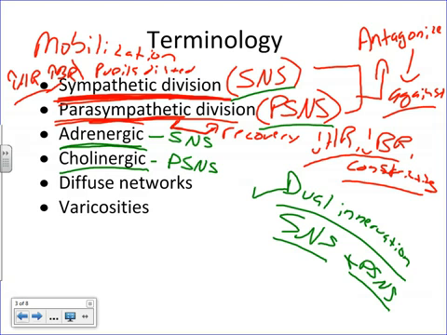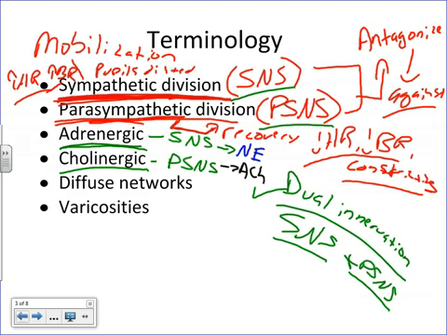Basically what we're saying when we say adrenergic is that the neurotransmitter norepinephrine is responsible here. Then when we're talking about the parasympathetic nervous system, we're talking about the neurotransmitter acetylcholine.